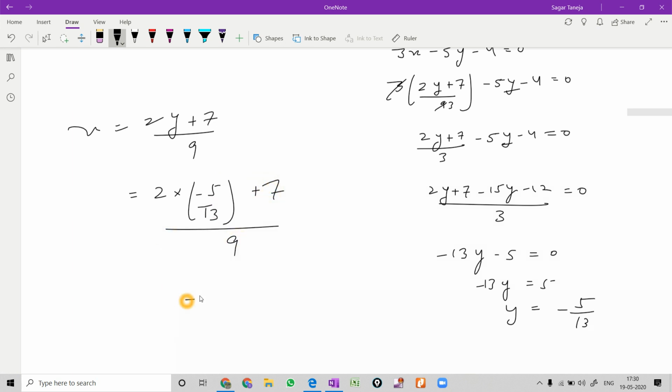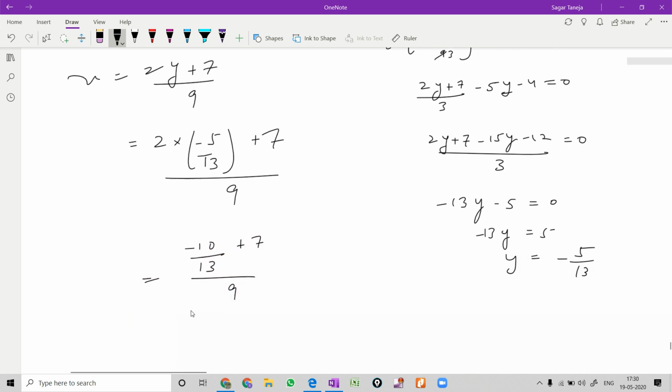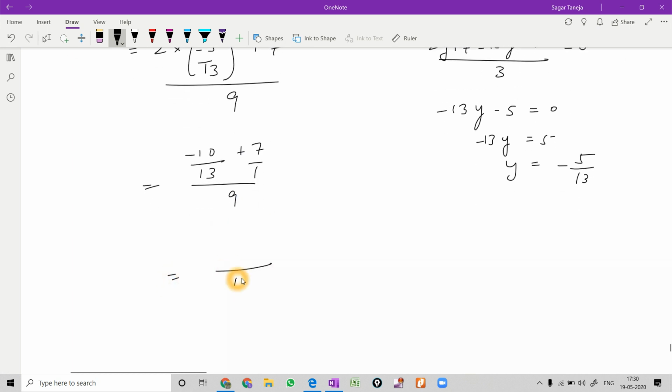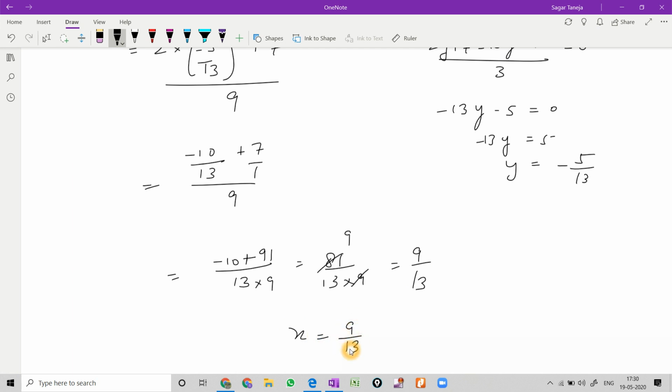So this is minus 10 upon 13 plus 7 upon 9. After this, take the LCM of 13: minus 10 plus 13 sevens are 91, upon 9. This 9 will come here only, and this is 81 upon 13 into 9, and with this 9 we can cancel. So this is 9 upon 13. So the value of x is 9 by 13.